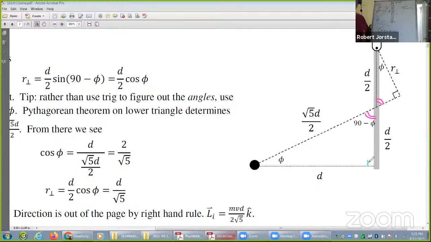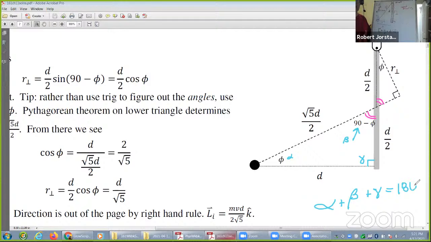I should, but whatever. If this is a right triangle, how could I figure out this is 90 minus phi? Well, I know the angles in a triangle add to 180. So if I call these alpha, beta, and gamma, I know that alpha plus beta plus gamma, the three angles that make up a triangle, always sum to 180.